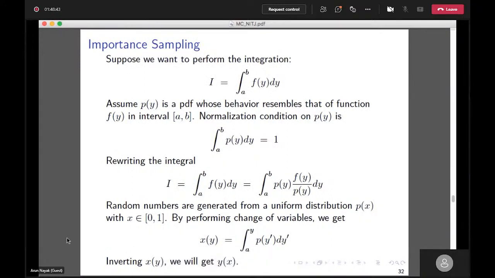That was about generating random numbers with different PDFs. Now let's come back to the sampling method. We had discussed earlier the brute force integration method.